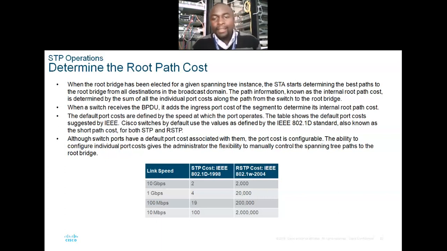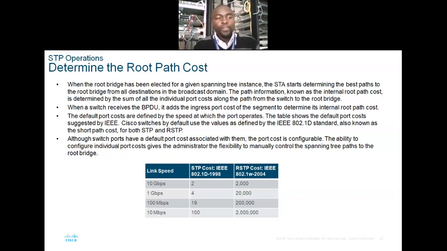So I am taking a journey to a particular destination. I begin to look at how many ports I need to meet before I get there, and what is the bandwidth of each of these ports. I put all these values into consideration so that I can make my decision.